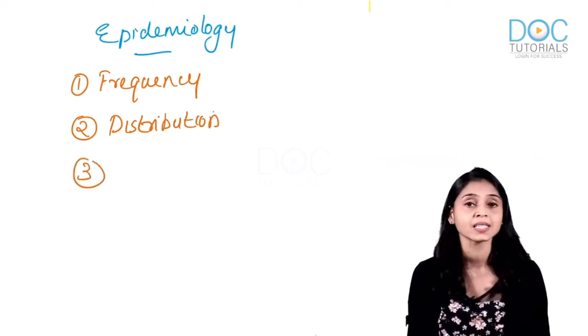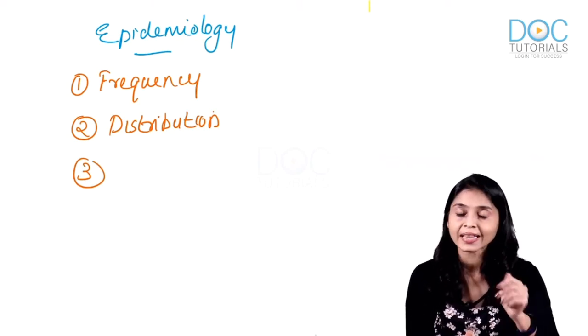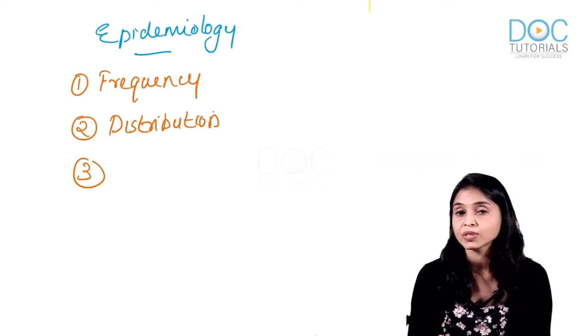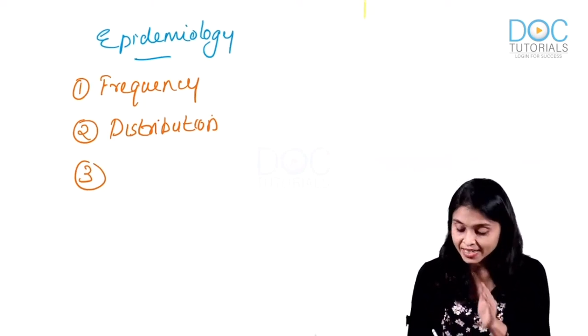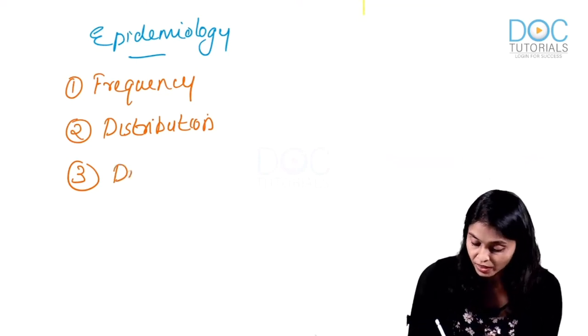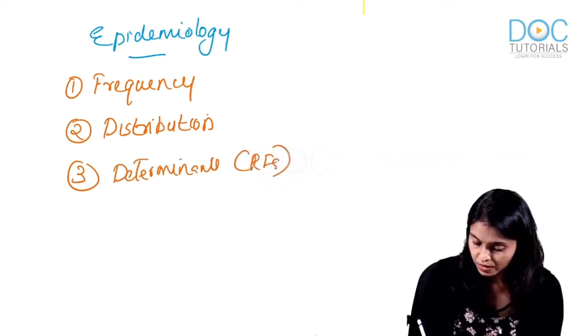And the third is, what are the risk factors that has led to this disease or this outbreak in that population? Or in epidemiological terms, you call it as determinants. That means those factors which determine the occurrence of disease or the risk factors. Determinants means actually risk factors.